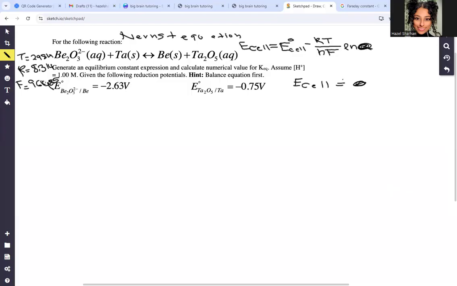And because it's equal to 0, we're going to rearrange this whole thing, and it's going to be E of the cell standard is equal to RT over nF natural log of Q. And when it's in equilibrium, Q, this is something we learned a couple chapters ago, is the reaction quotient. And when it's in equilibrium, it will be equal to K. So this can get changed out to K.